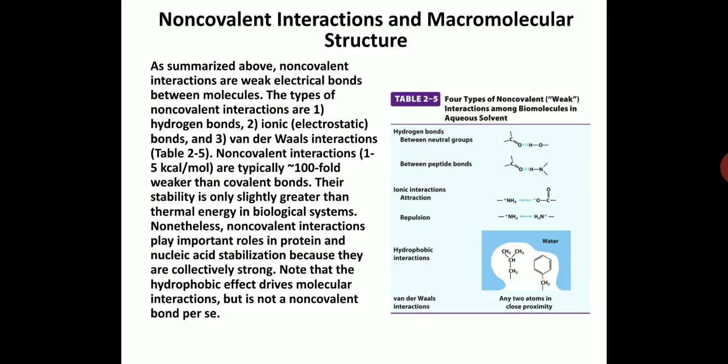Their stability is only slightly greater than thermal energy in biological systems. Nonetheless, non-covalent interactions play important roles in protein and nucleic acid stabilization because they are collectively strong. We should note that the hydrophobic effect drives molecular interactions but is not a non-covalent bond per se.